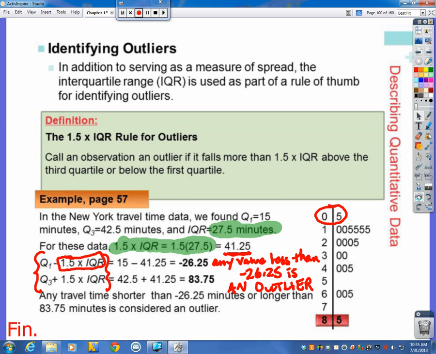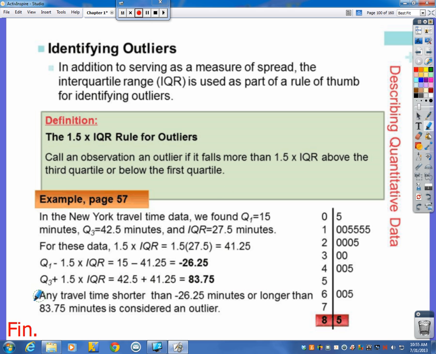Now, if we go to the other end, we start at Q3, the third quartile, which was 42.5. We said, all right, let's now add 1.5 IQRs above it. So we add that 41.25. So this 83.75 is kind of like a boundary.